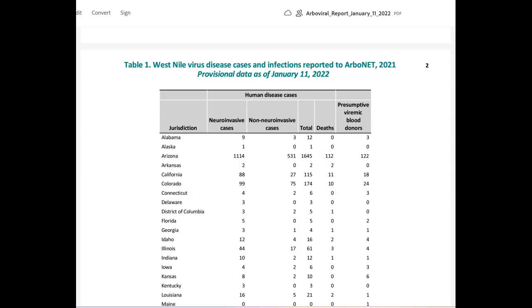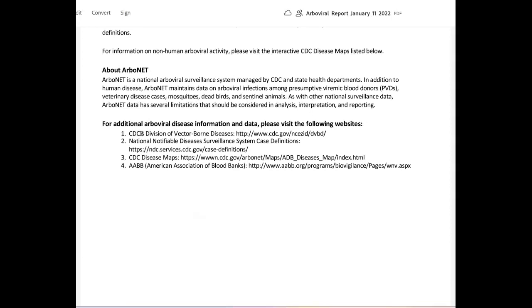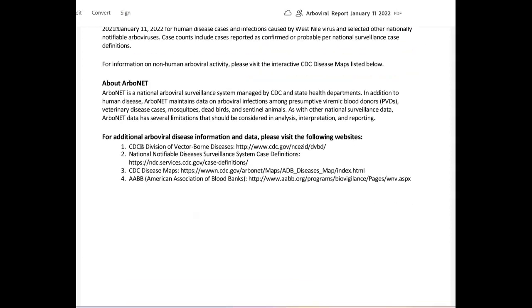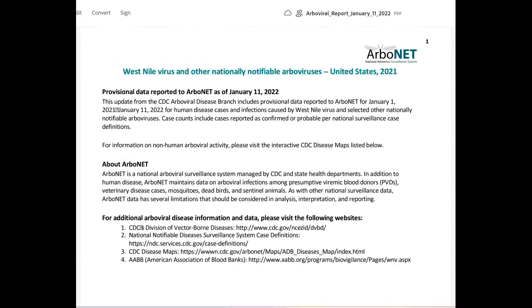In order to stop these diseases, surveillance has to be better. And a lot of this is non-reported because people don't even know that if they have West Nile or Lyme disease, Rocky Mountain spotted fever, all of these, and then arboviruses, which are types of vector-borne diseases, but does not have the same effect.